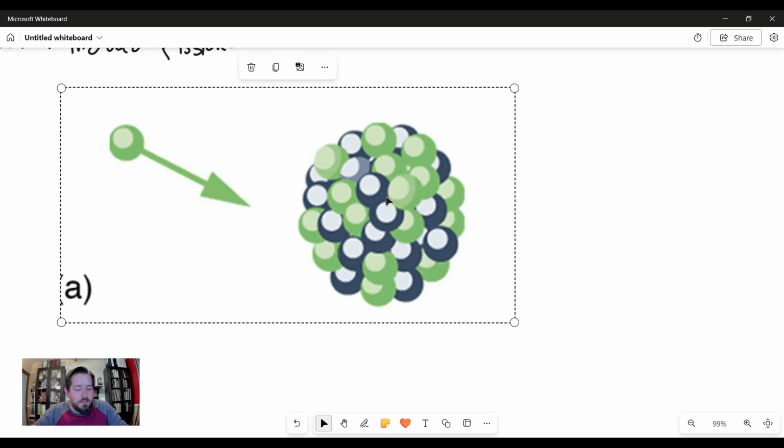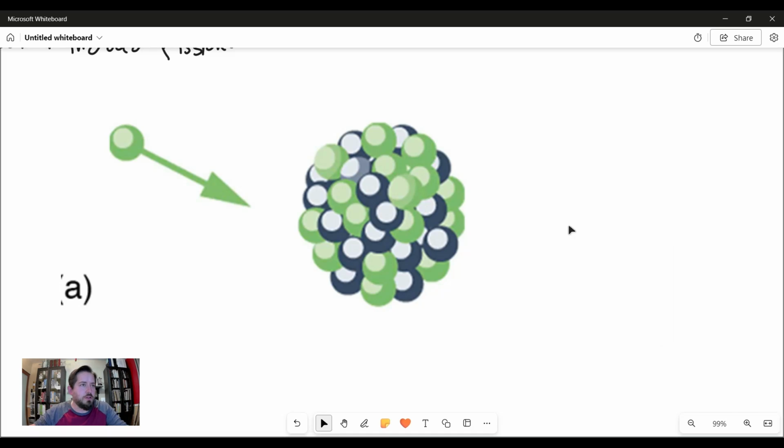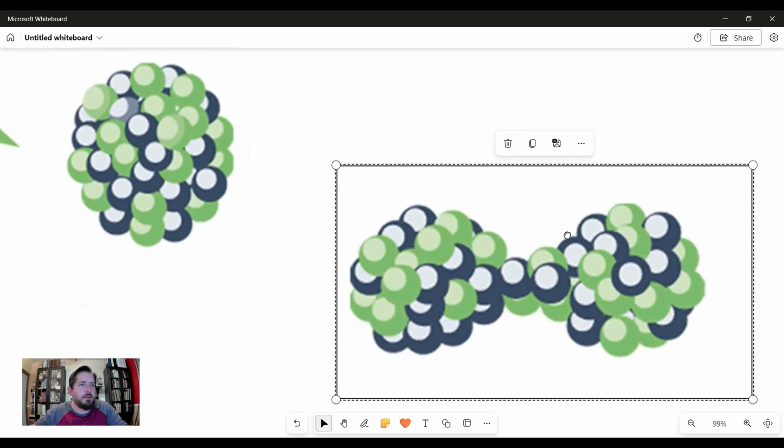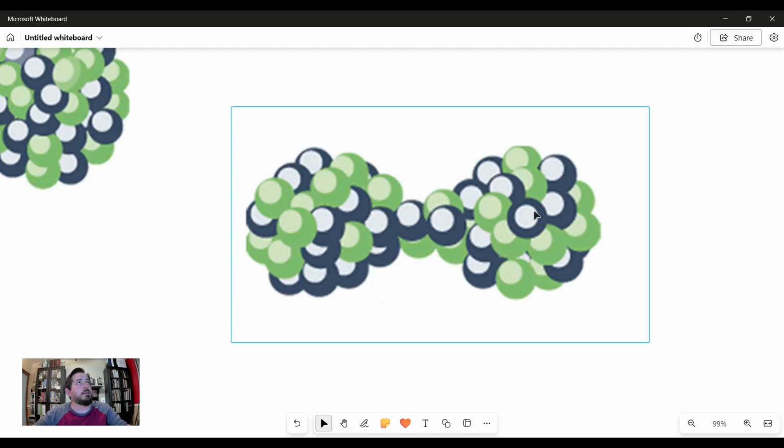Once the neutron gets close enough, it can be absorbed when it starts to experience the nuclear strong force. So it comes and gets absorbed into that nucleus.